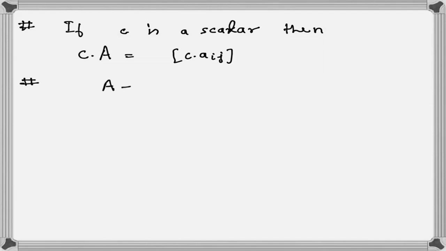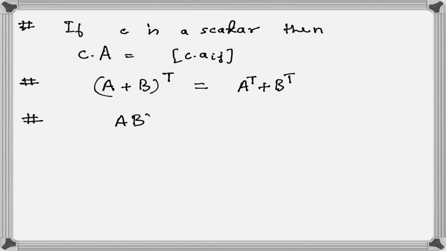Another one is A plus B. If you take any two matrices A and B, not necessarily square, A plus B transpose is the same as A transpose plus B transpose, and the transpose of the product of two matrices is B transpose into A transpose.